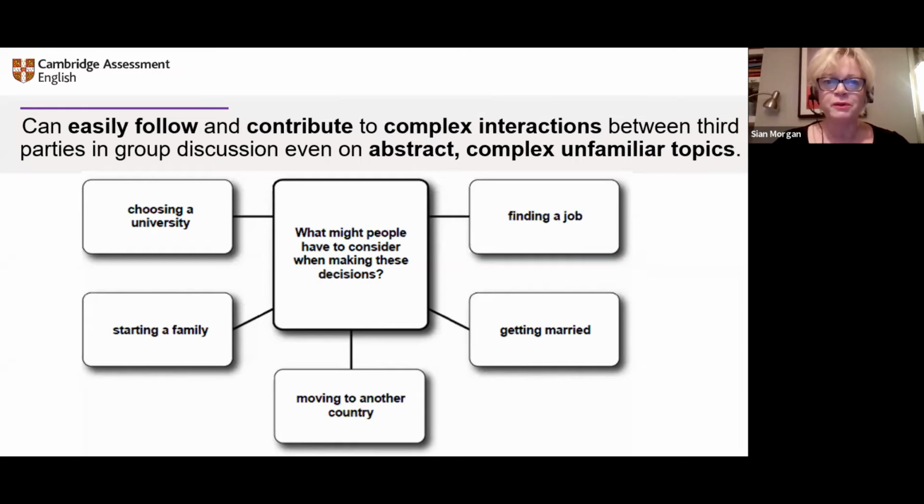And then contribute, and contributor means getting your turn as well, not only having something to say, but managing to get a piece of the action politely. And then again, the subject area, when they're abstract and complex and unfamiliar, that too increases the difficulty. So again, this is a test task that really elicits real life skills that you can use after the test.